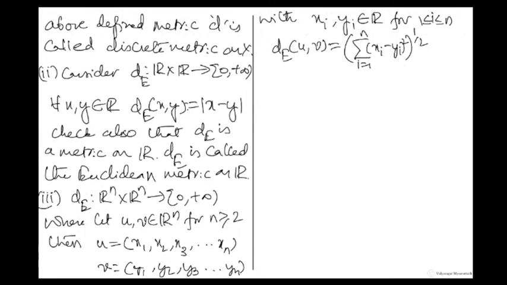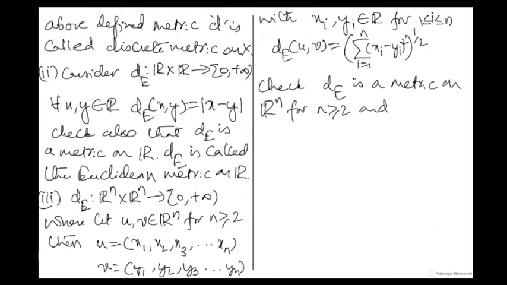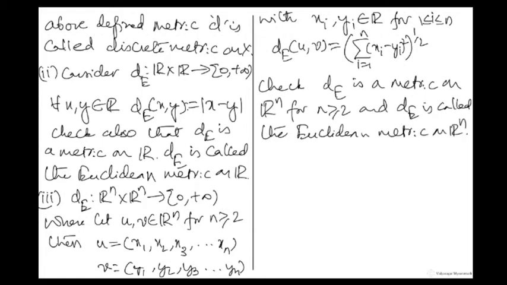You should be familiar with such a formula for the cases n equals 2 and n equals 3 when you do analytical geometry. So again, check that d_e is a metric on R^n for n greater than or equal to 2, and d_e is called the Euclidean metric on R^n.